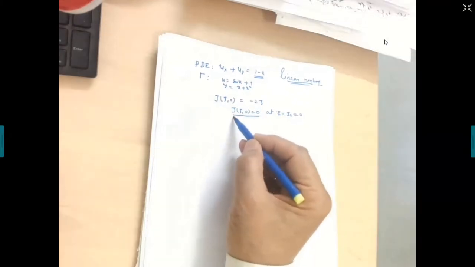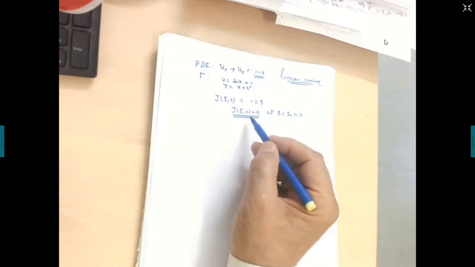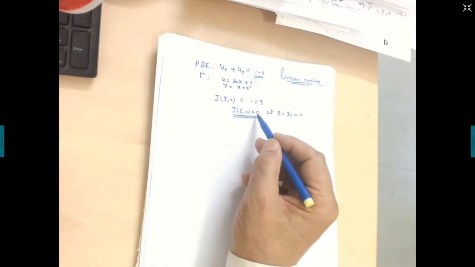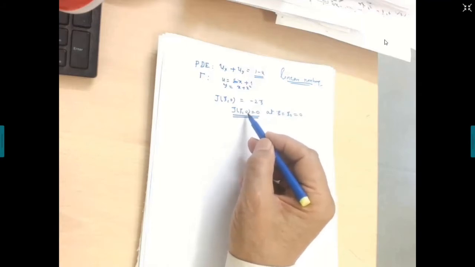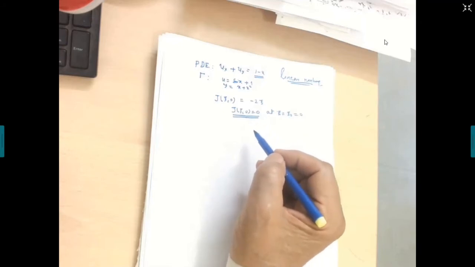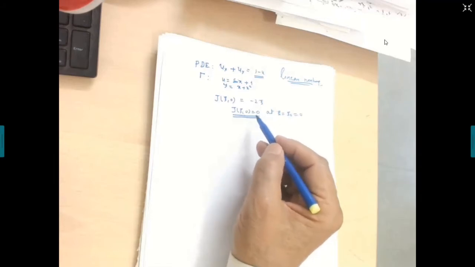What is the geometrical meaning of the vanishing of the Jacobian at this point? What is the geometrical significance when I say the Jacobian of the transformation from xy to xi s vanishes at s equal to 0? What does it mean geometrically? It's very simple.